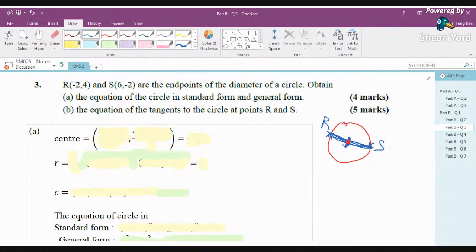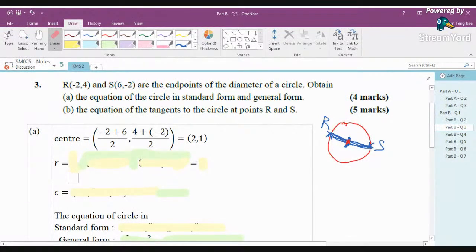When we want to find the circle equation, we need to know 2 things: first the center, next the radius. To get the center, we notice from the diagram that the center is actually the midpoint of R and S. So by using the midpoint formula, we get our center.